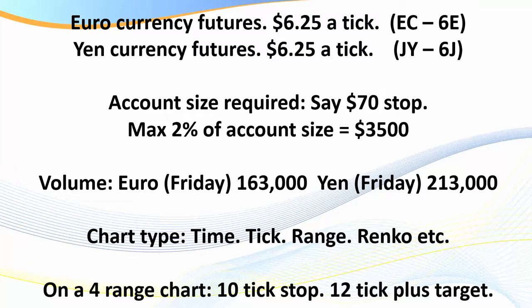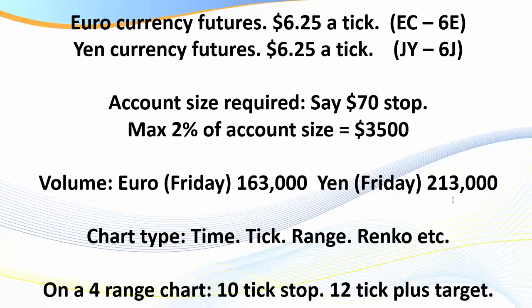So before we look at the charts, a few important things. If we look at liquidity, and today is Monday the 21st of August 2017, let's go back to last Friday. On Friday, we saw the volume on the euro currency futures contracts was 163,000 in the 23.5 hours. On the yen, there were 213,000 contracts.